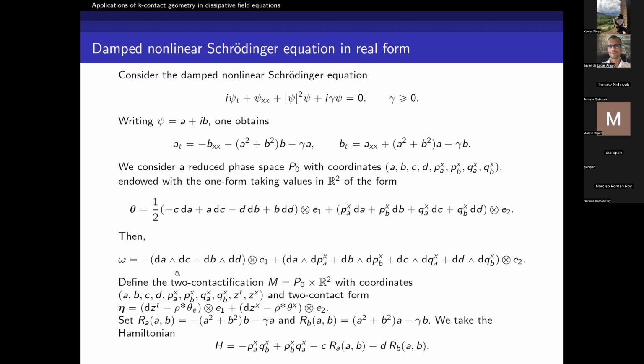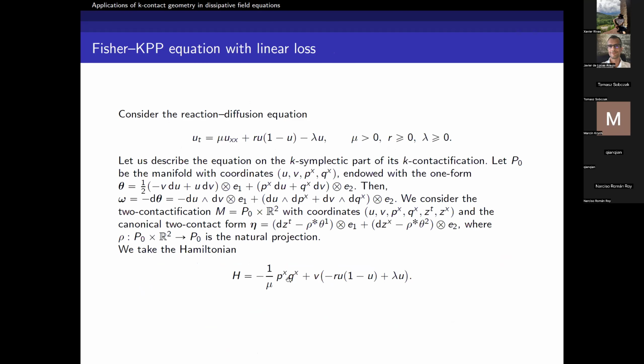We can take the k-symplectic form, then the contactification, and find the Hamiltonian that looks like this, and it also works. Now the Fisher KPP equation with linear loss, so it looks like this.